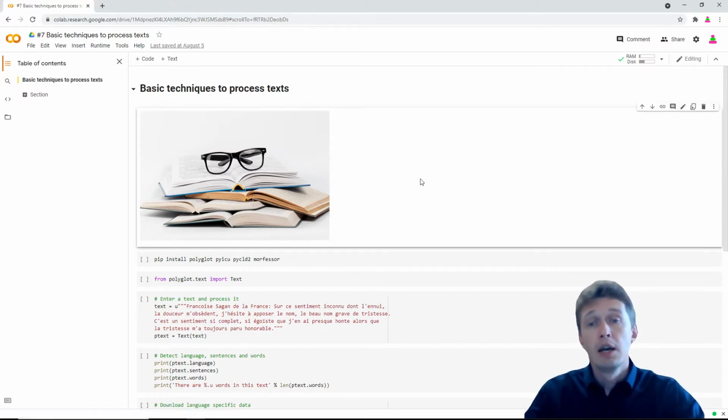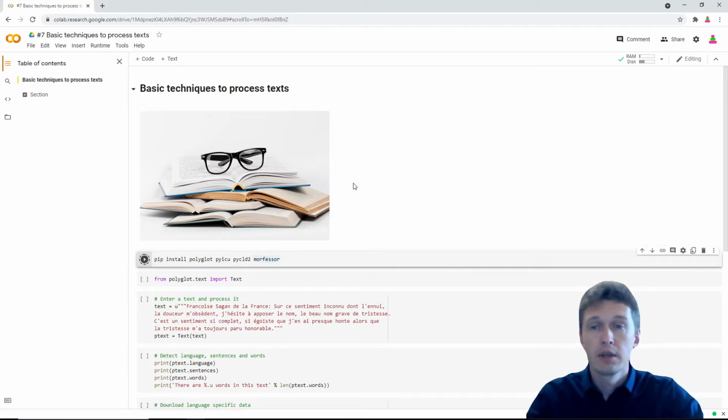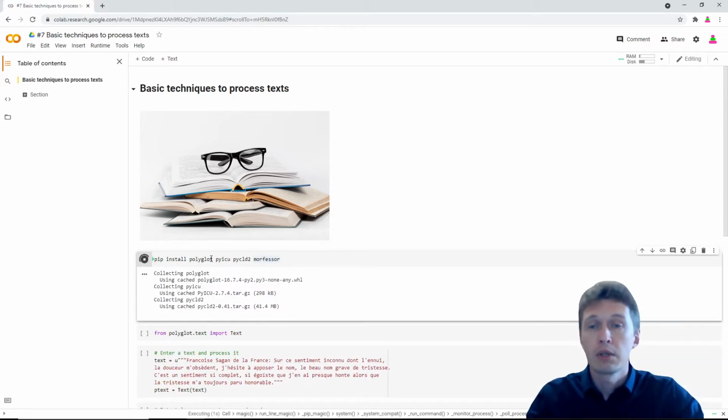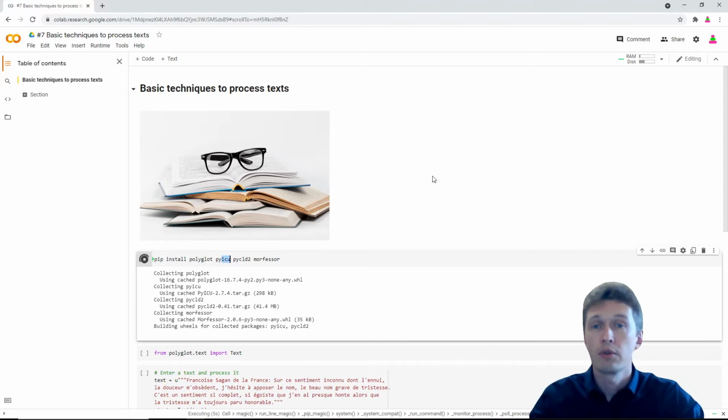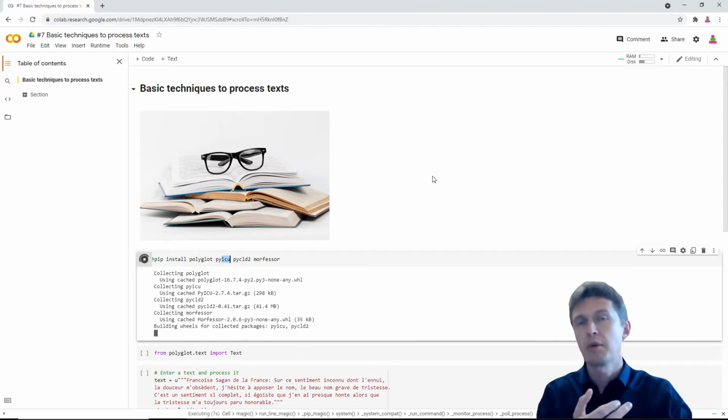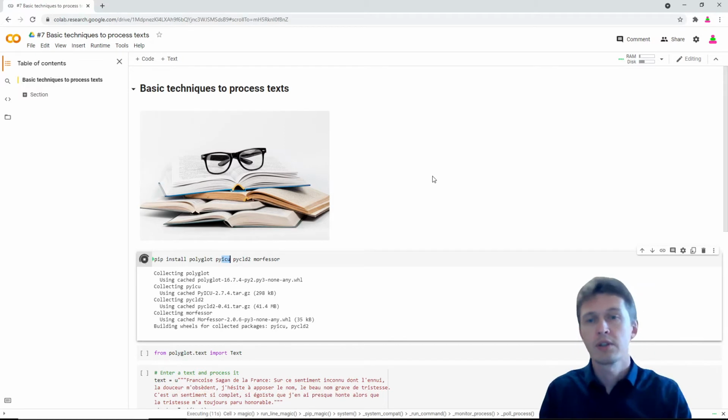Okay, so Polyglot is not pre-installed in Colab environments, so we have to manually install it. Let's run this line. We shall install Polyglot with all its dependencies, which is ICU, International Components for Unicode, including Japanese katakana, Hindi hooks and sticks, and Arabic ligature, whatever else.